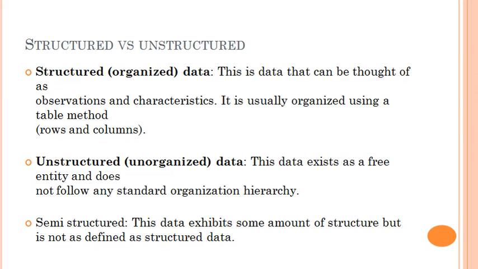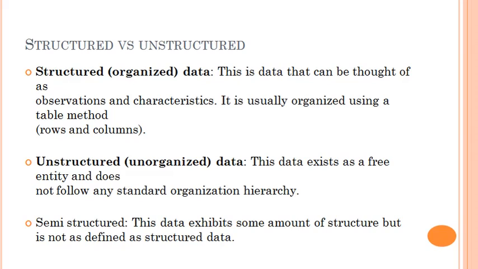So let's begin with structured data, which we can also call organized data. Structured data is data that can be thought of as observations and characteristics, right? We can think of structured data as a number of observations or underlying characteristics related to different objects.